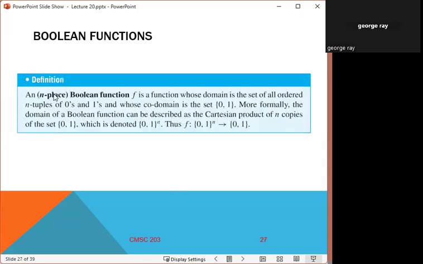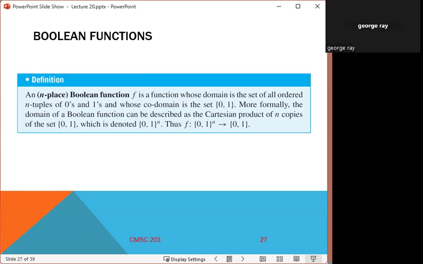So we have an n place, and n is how many of these columns we have in our Boolean table, where we are putting in, okay, for our variables, we have X, Y, Z, and we've got to get all the combinations.